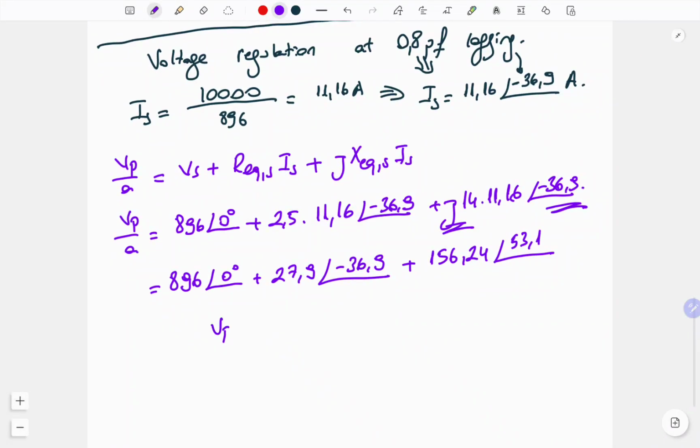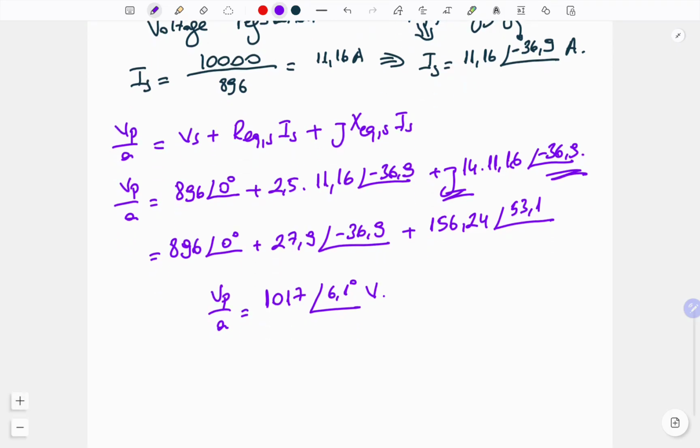And from here, you can calculate the Vp over A as 1017 with 6.1 degree. And by using the Vp over A, by using the secondary side no load voltage value, voltage regulation can be calculated for this operation conditions.